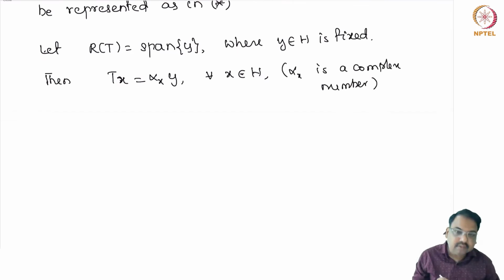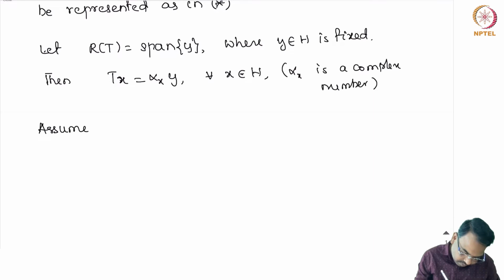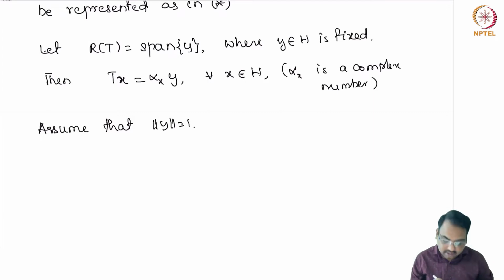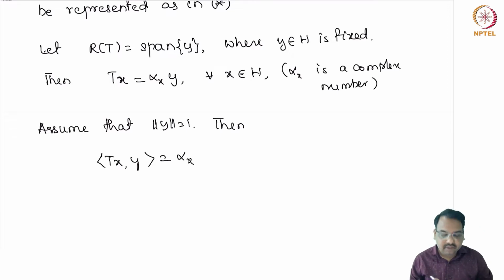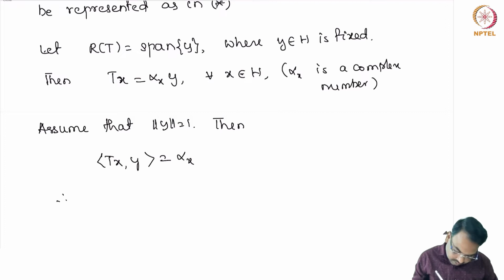Now, without loss of generality we can assume that the norm of y equals 1, otherwise we can normalize it. Then the inner product of Tx with y is nothing but alpha_x, because the inner product of y with y is 1. So this alpha_x we can write as the inner product of x with T star y.